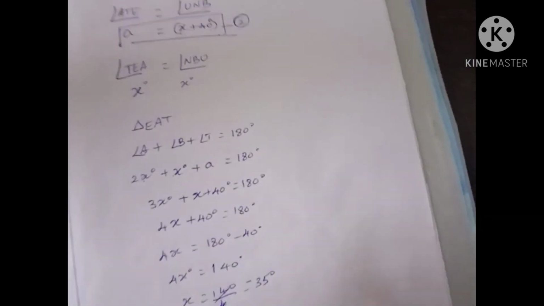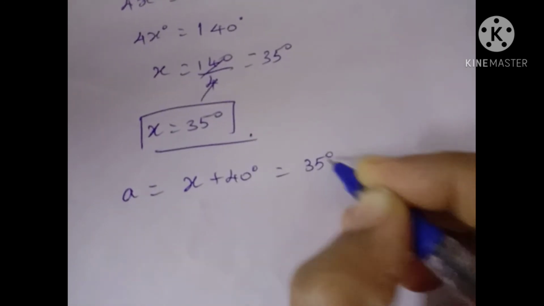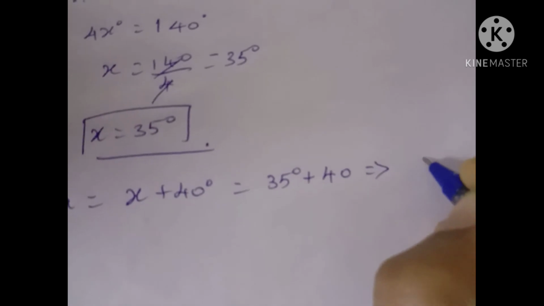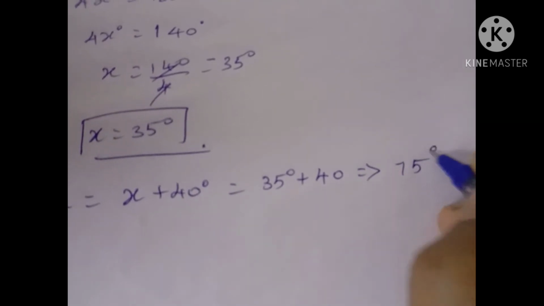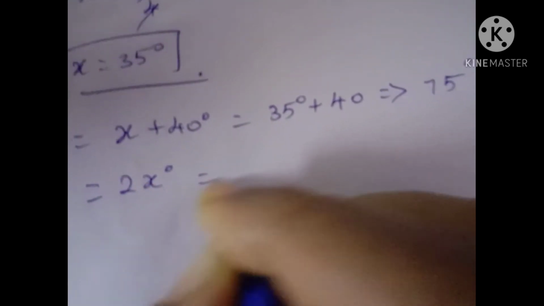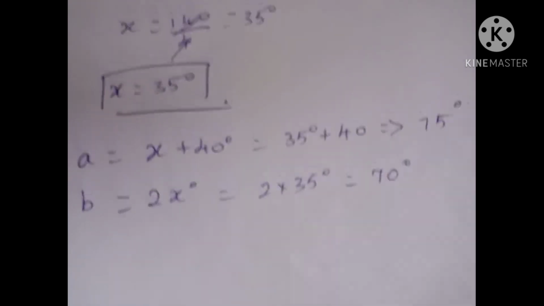And you can find the value of A. A is equal to x plus 40. x is equal to 35, plus 40, which is equal to 75. Then B is equal to 2 into x, which is equal to 2 into 35, 70 degrees.